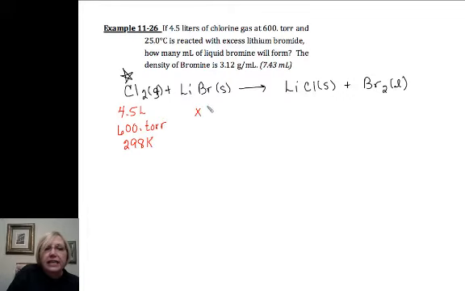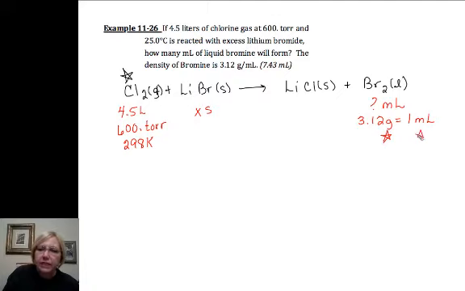Fortunately, we're given excess lithium bromide, which means we don't need to do a limiting reagent problem. And it asks us how many milliliters of bromine. Now, it's important to note that we're also given the density of 3.12 grams is the measurement equivalent of 1 milliliter. So if we can get to mass, we can get to milliliters using this as a conversion factor.